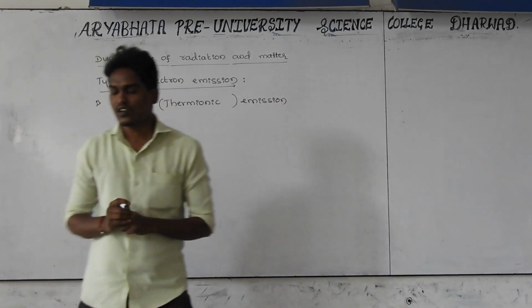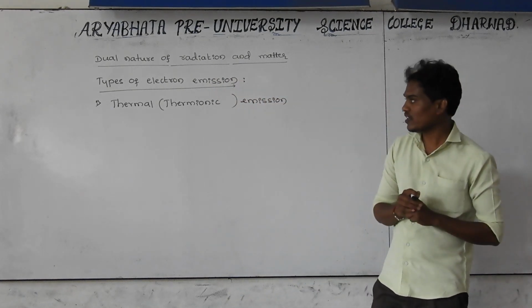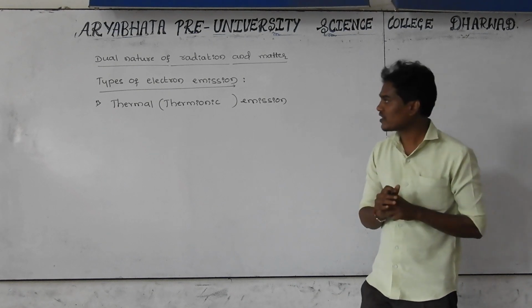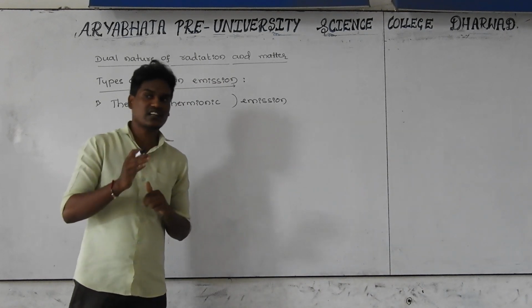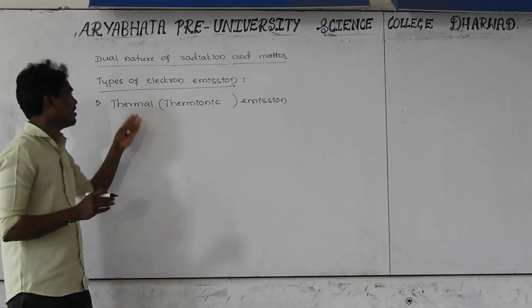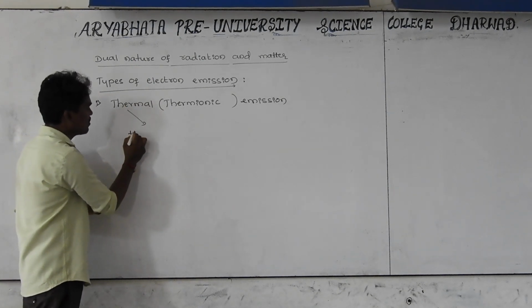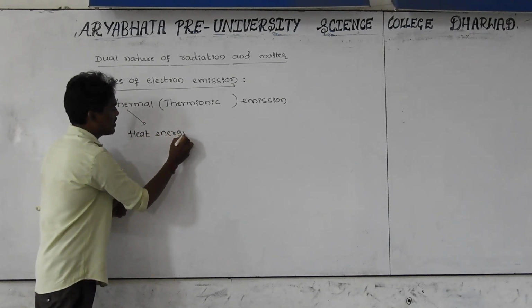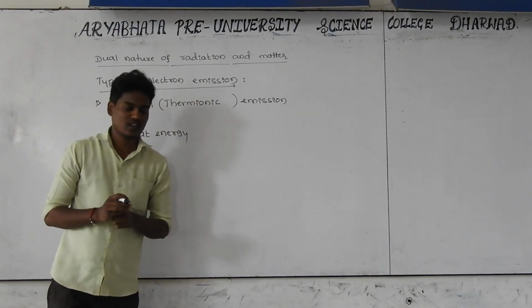We are just studying the emission of the electron from the surface of the metal, but how to emit it? In order to emit the electron from the surface of the metal, we need to supply some external energy to the metal. That external energy may be a thermal energy. Here, thermal means heat energy, and we also call it thermionic emission.